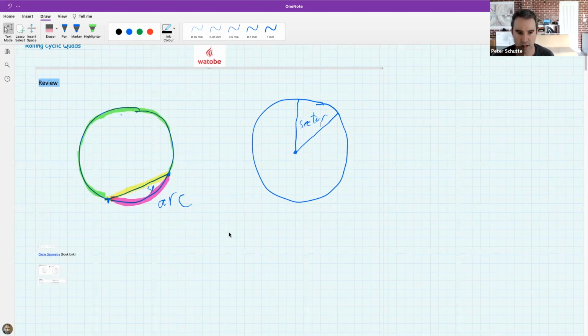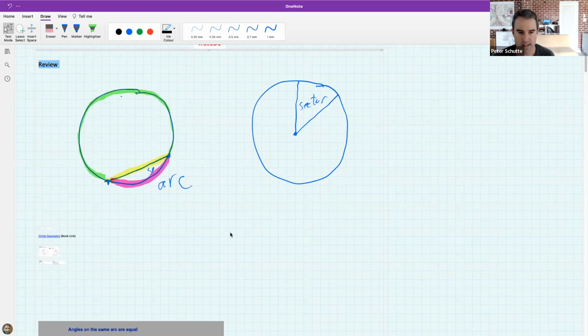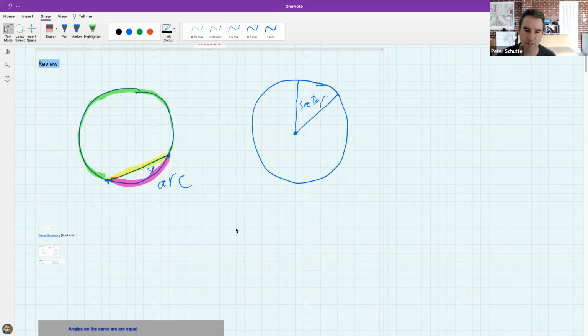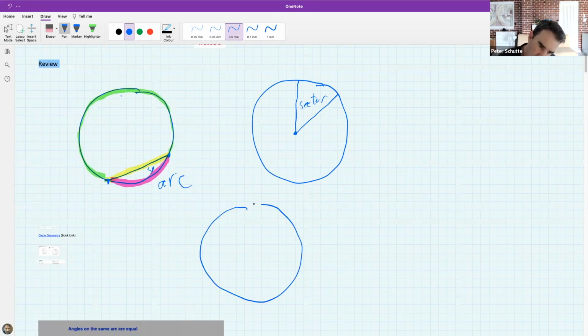So now we're going to talk a little bit about theorems and facts about circles that deal with a cyclic quad. So let's first talk about quads. Well, quadrilaterals are four-sided shapes.